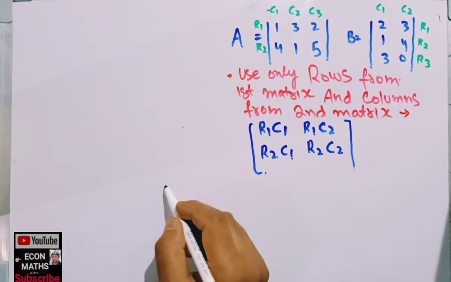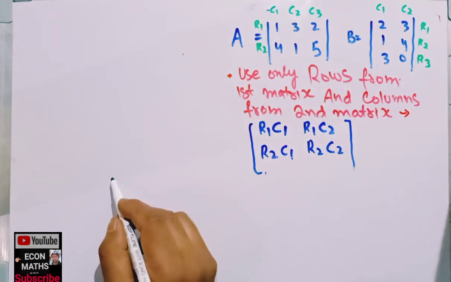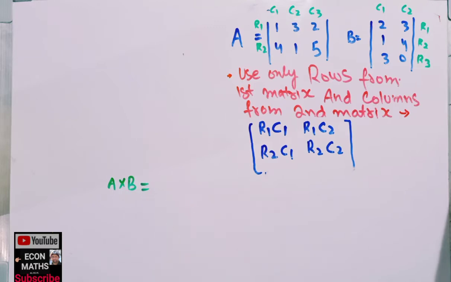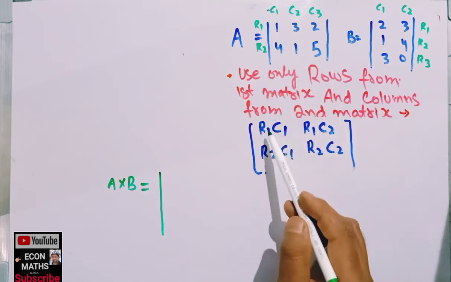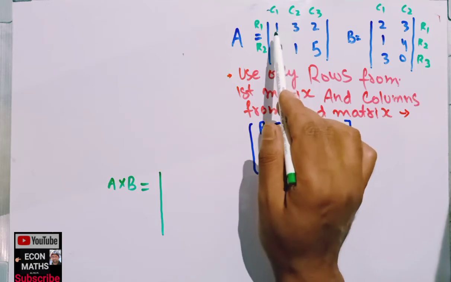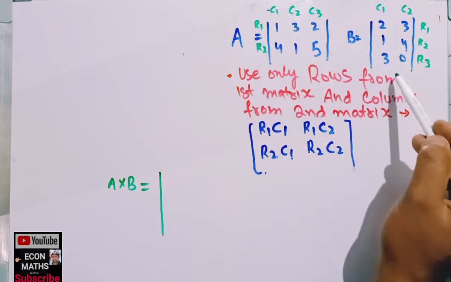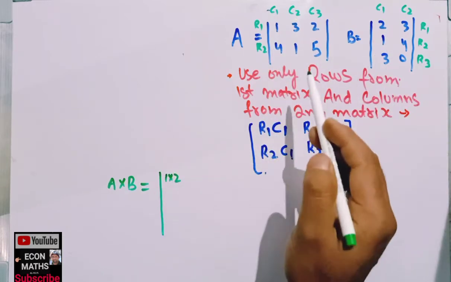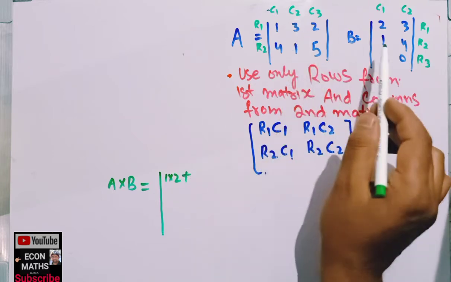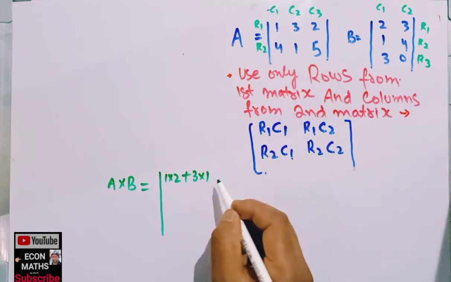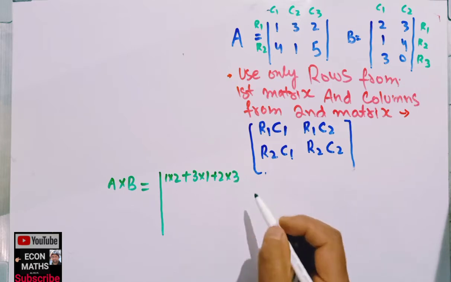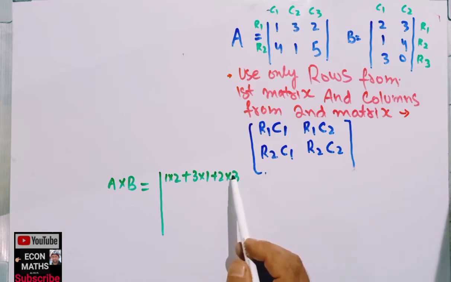This becomes A times B equal to... Now I have to multiply row 1 of the first matrix with this column, so this will become 1 into 2, plus 3 into 1, plus 2 into 3. Now this is the first element.